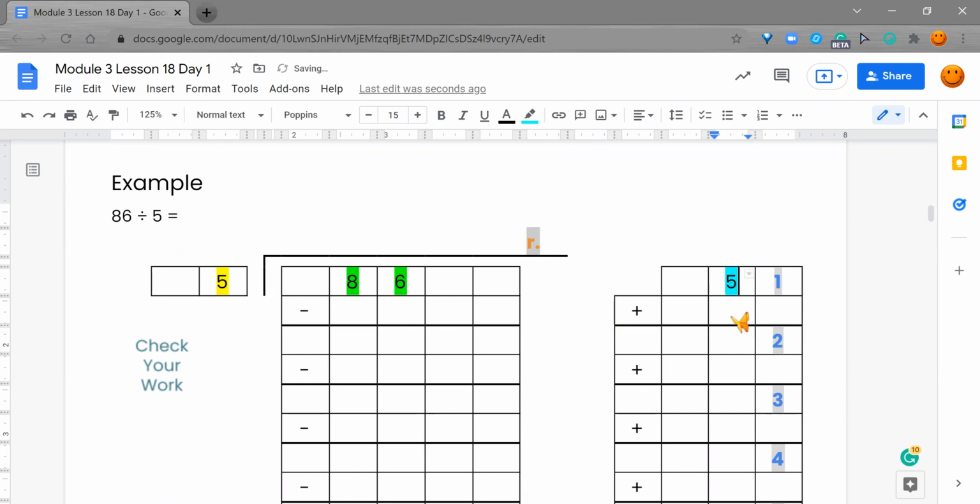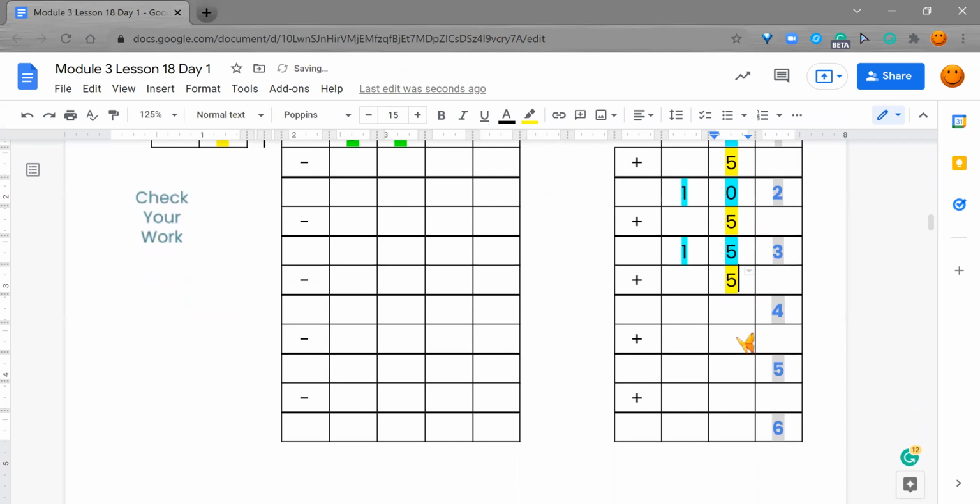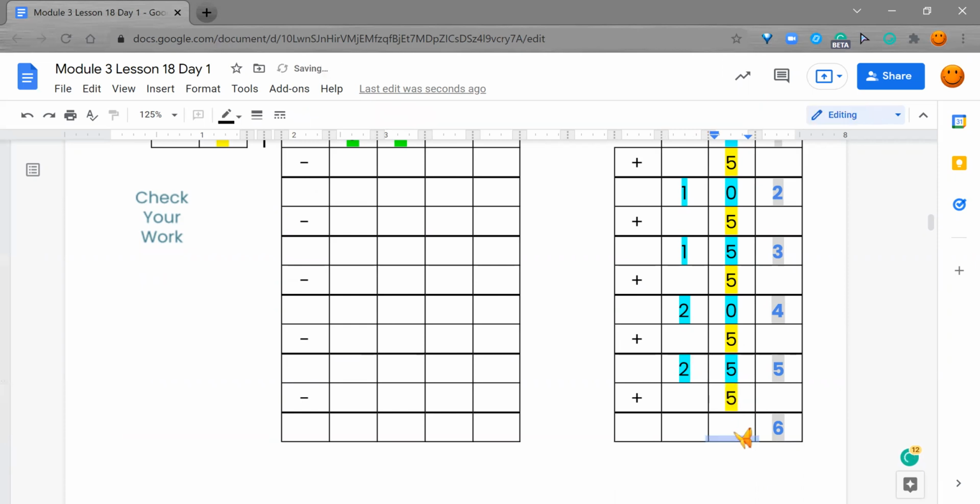So I'm going to go 5 plus 5 is 10, plus 5, yes, 15, plus 5 is 20, plus 5, yes, 25, plus 5, yes, 30.